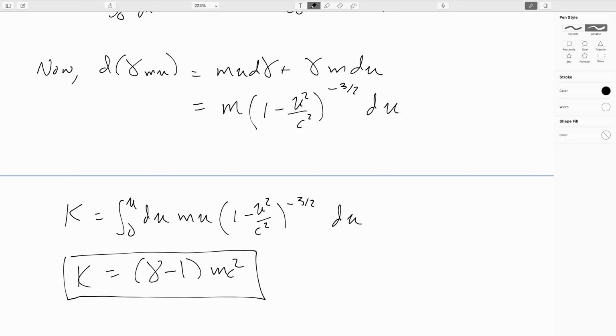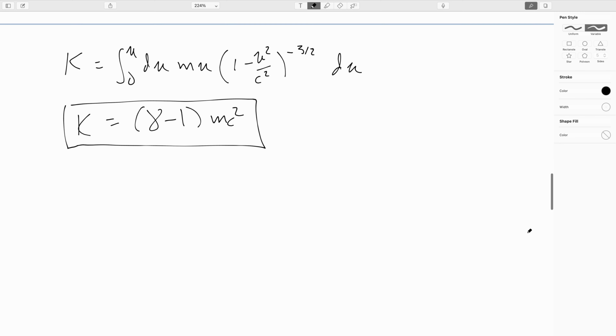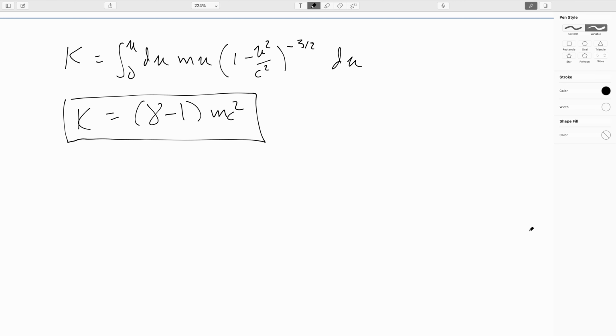All right, well, that sure doesn't look a whole heck of a lot like our 1/2 m v squared from before, or I should say 1/2 m u squared now. So it's probably worth double checking that.